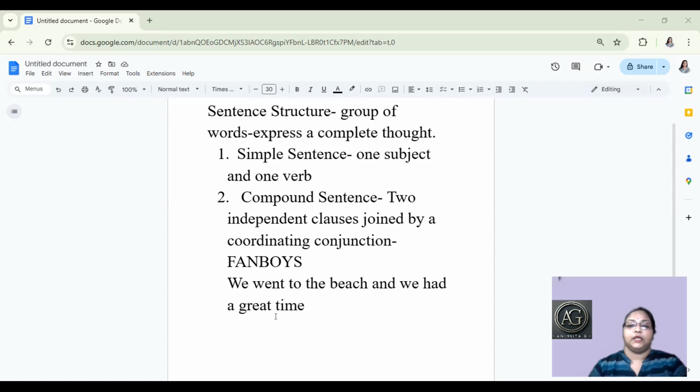So we use compound sentences to connect related ideas in an easy way or smoothly. Let us take the third type of sentence structure, that is complex sentence.